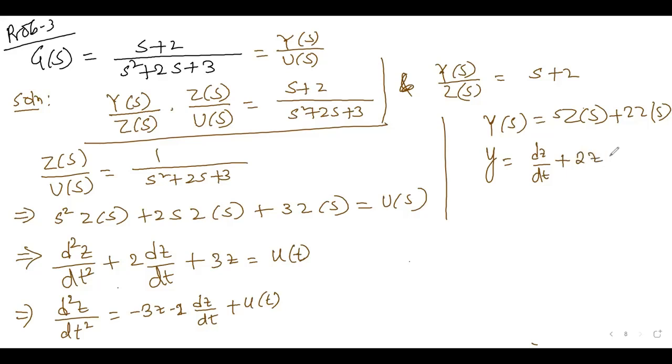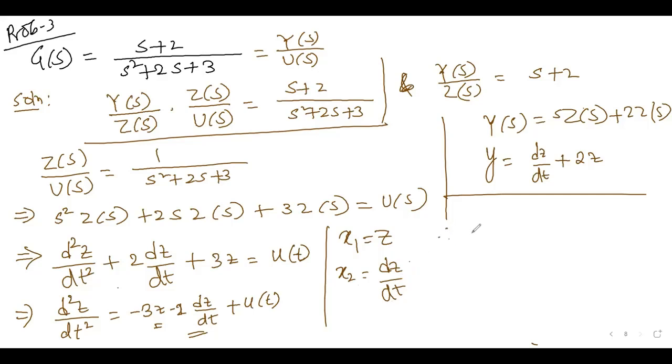2z. Very good. Now assume the state variable. Assume x1 is equal to z, x2 is equal to dz/dt. There are two states, z and dz/dt. Okay, x1 equal to z, x2 equal to dz/dt.